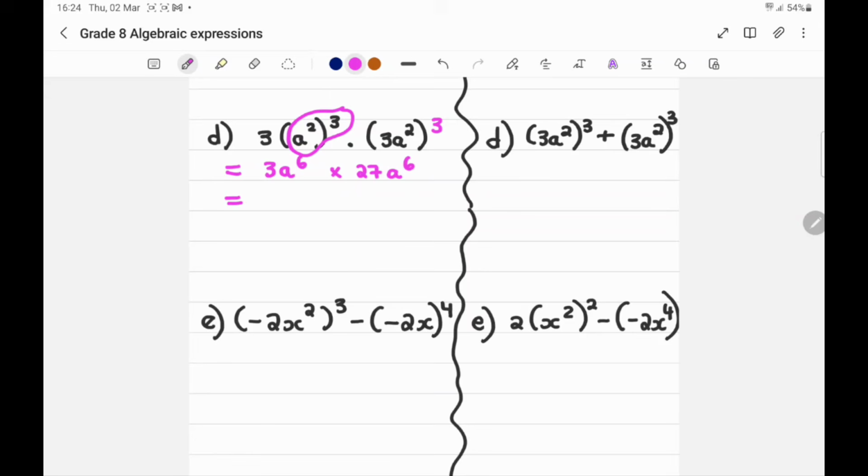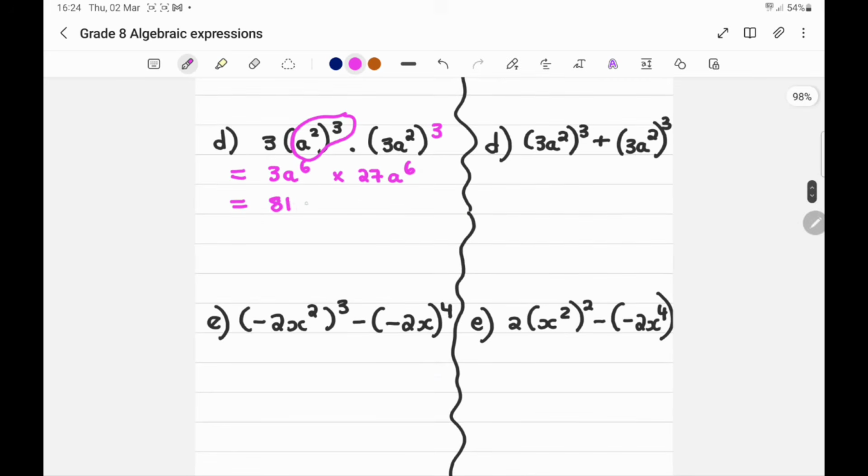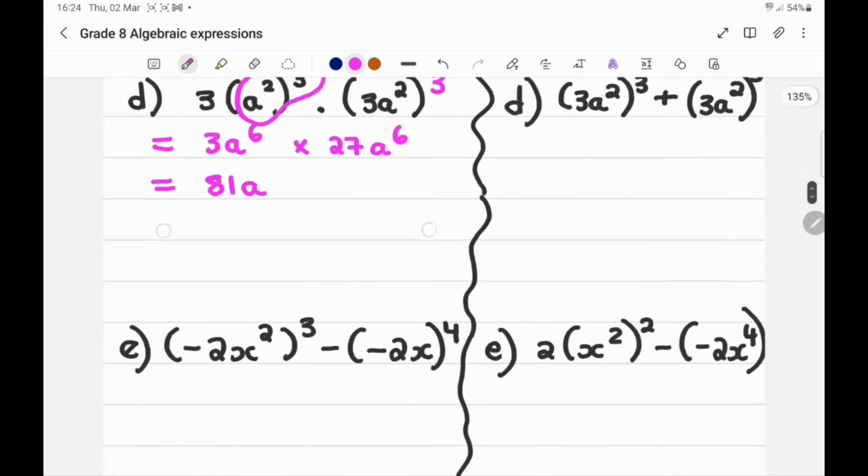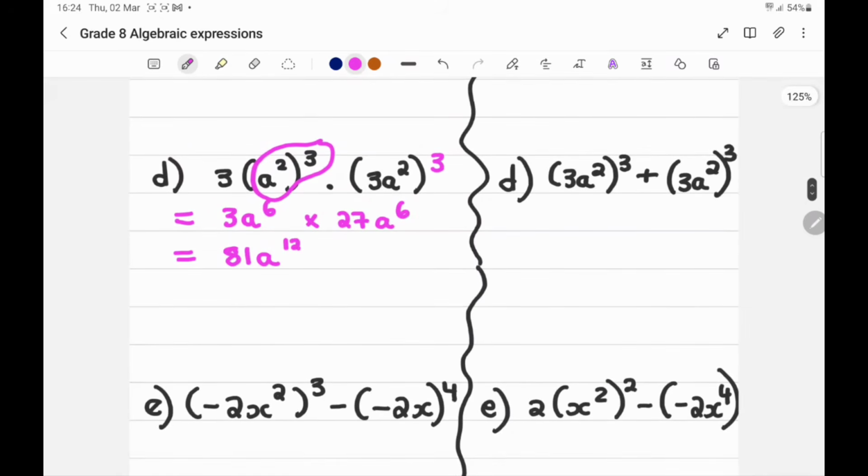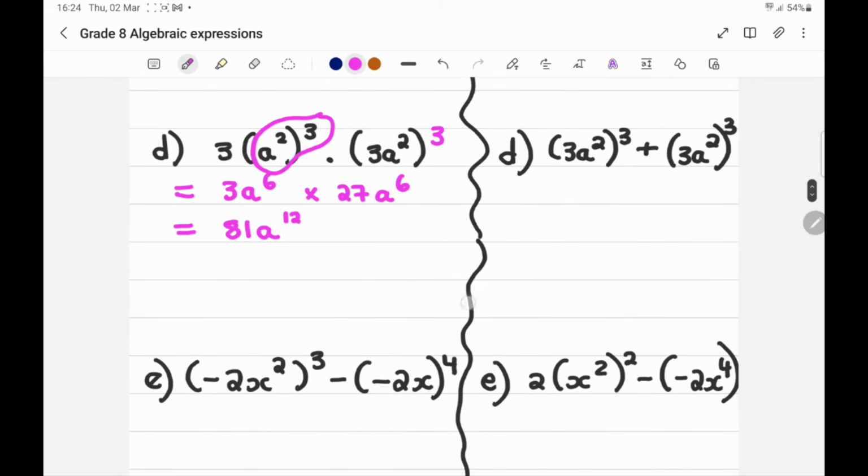And because they're multiplying, even if they weren't like terms, I could have gone and multiplied them. And 3 times 27 is 81. Keep your same base and add your exponents. All right, so multiplication, exponent rules.